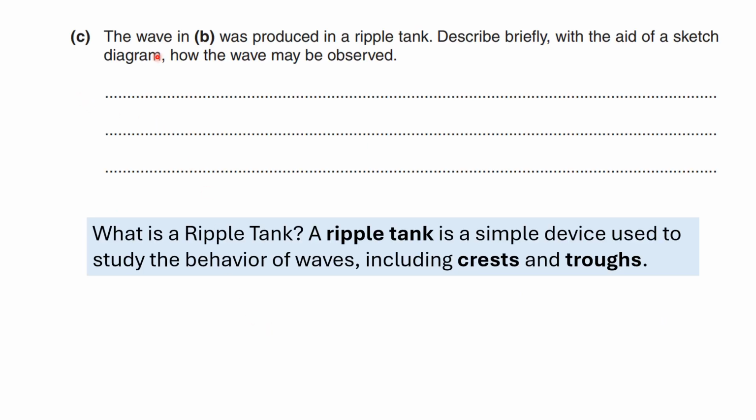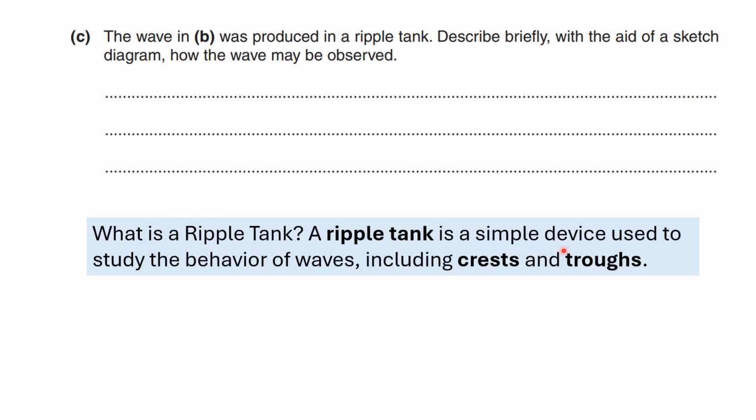Question C. The wave in B was produced in a ripple tank. Describe briefly, with the aid of a sketch diagram, how the wave may be observed. First, what is a ripple tank?